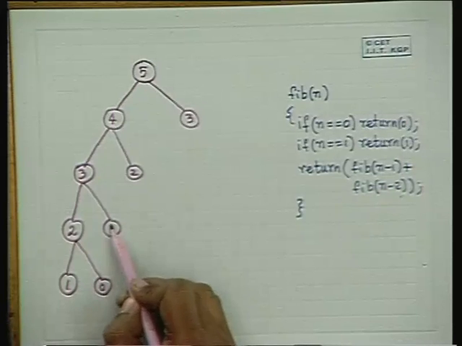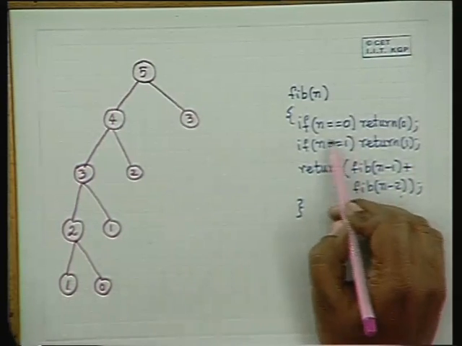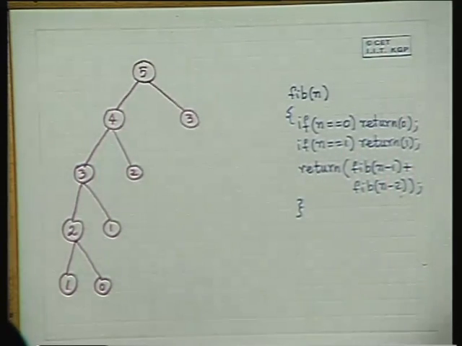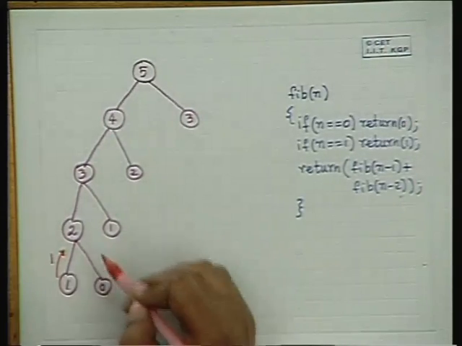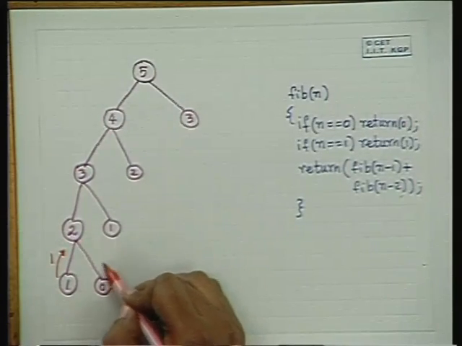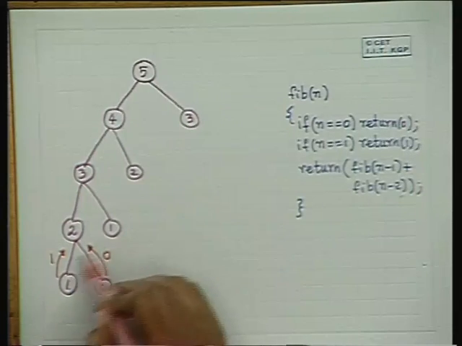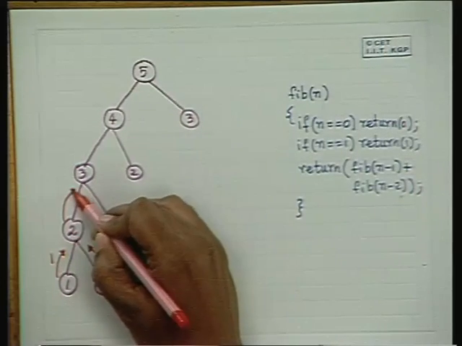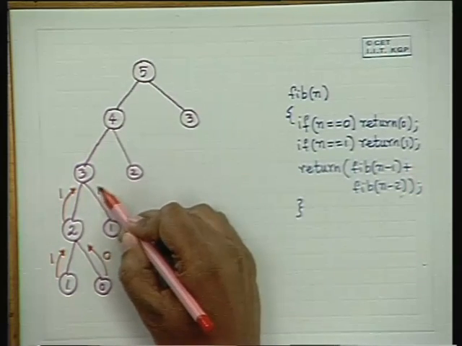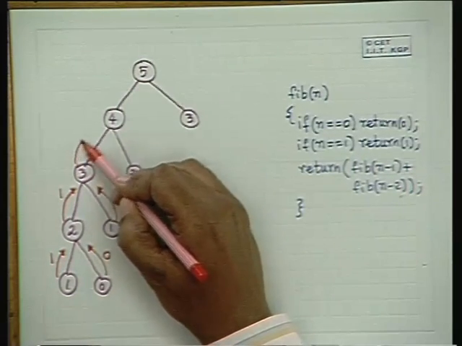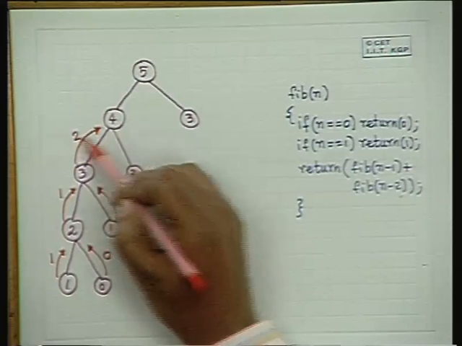1 is a base condition here, and this will return a value 1. It will come here, it will call 0, and this will return a value 0. This will add these two, and this will return a value 1. It will come and solve this, which will return a value 1. It will come here, and this will return 2.